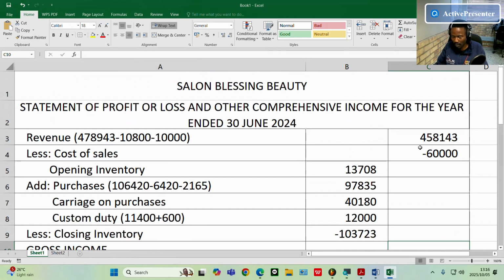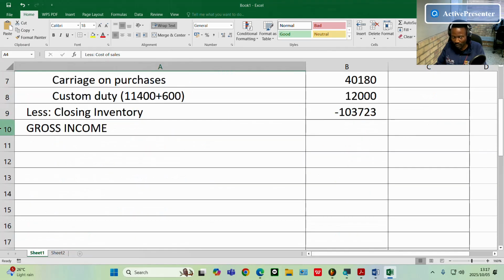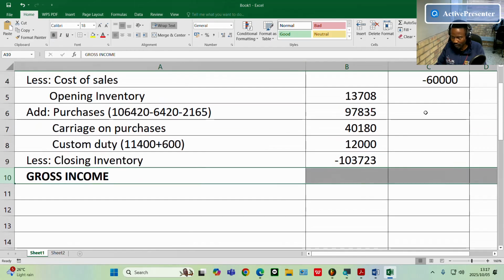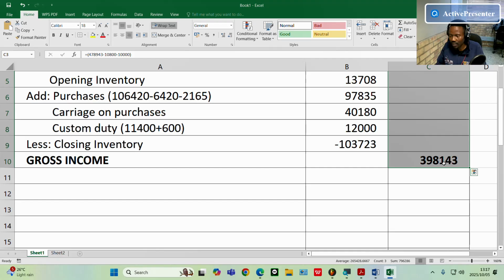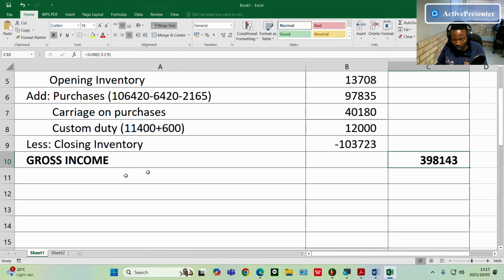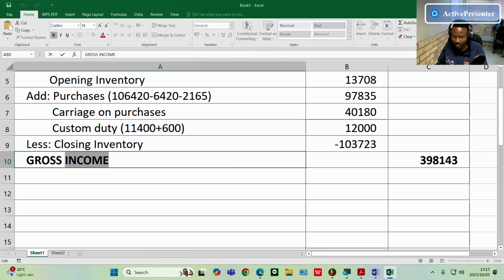So all the calculated amounts, I think I'll write them in bold, and make the words bold and in capital letters, right? So now this is my gross income. Sorry, it's my gross profit, not gross income. I usually teach taxation, which is why I love gross income so much. It's gross profit, not gross income. So this is my gross profit, right?